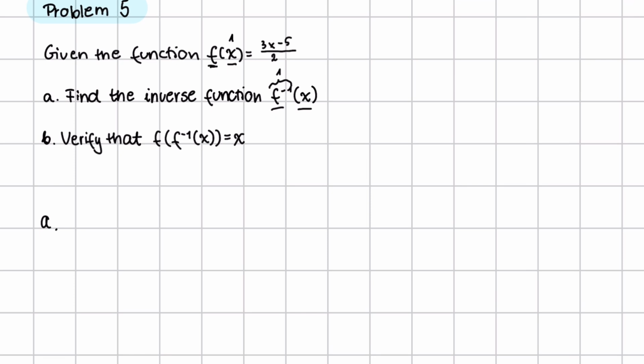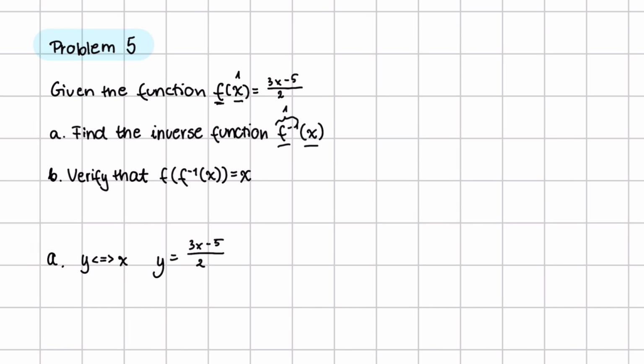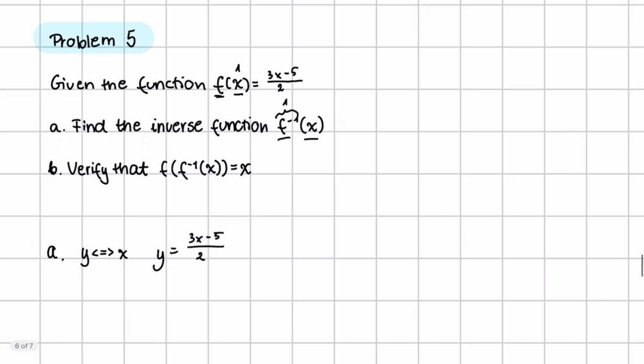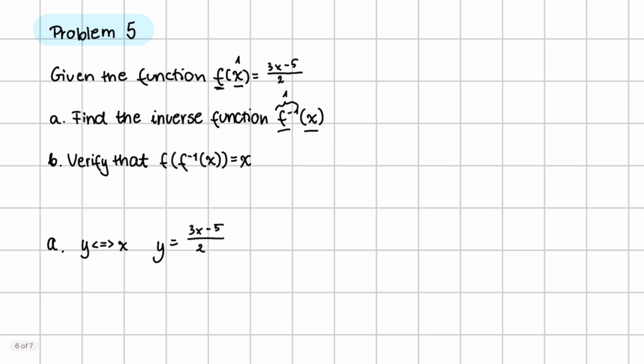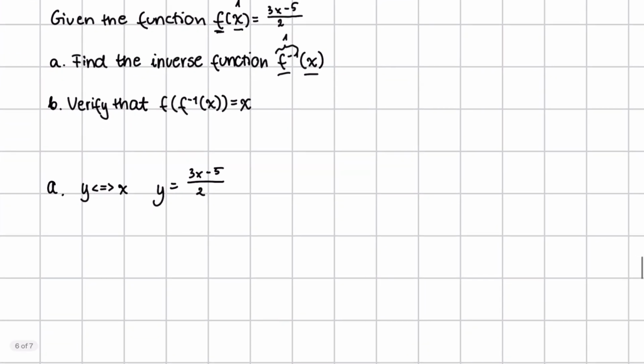So our y has to be swapped with x. I rewrote our function with y, and now we have to swap our y with x. So x equals 3y minus 5 over 2.